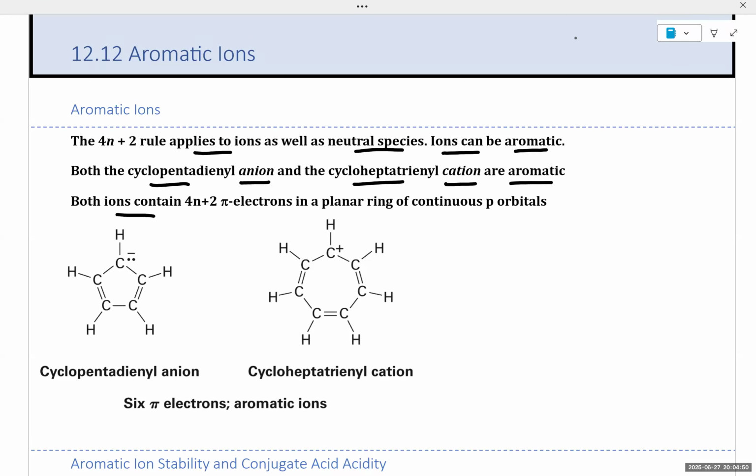Both ions contain 4n plus 2 pi electrons in a planar ring of continuous p orbitals. So this has 6 pi electrons. This compound has 6 pi electrons. The cycloheptatrienyl cation is also known as the tropylium ion, as we've seen this ion previously in our discussions of mass spectrometry.